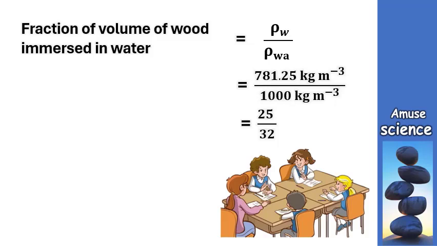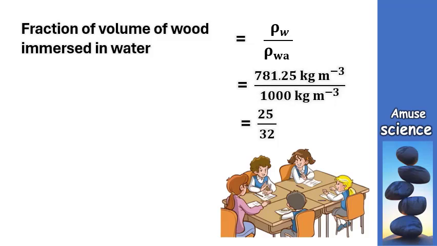The question is asking us to find the volume of the wood above the water. Now we know from mathematics that the total fraction of any object is 1. So if 25/32 is the fraction of the wood below the water's surface, it means that to find the fraction of the volume of the wood above the water's surface, we have to subtract 25/32 from 1.